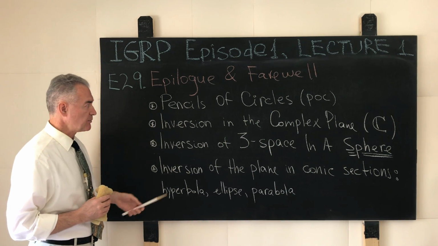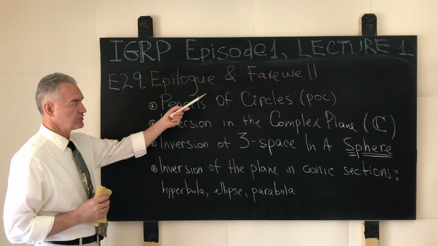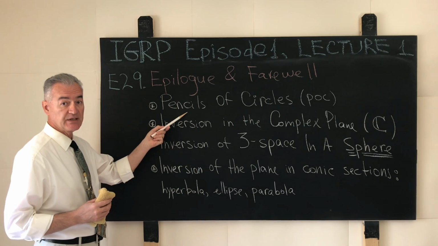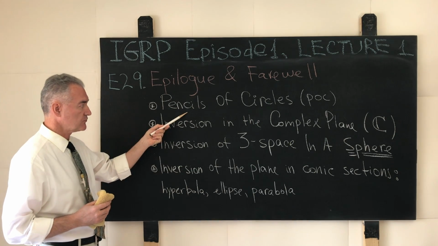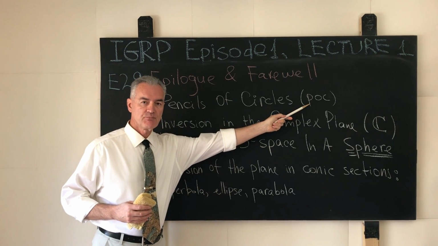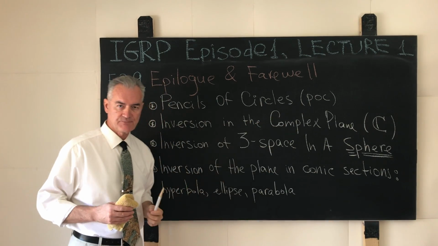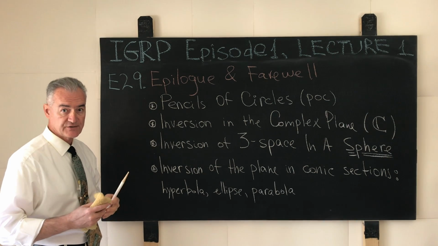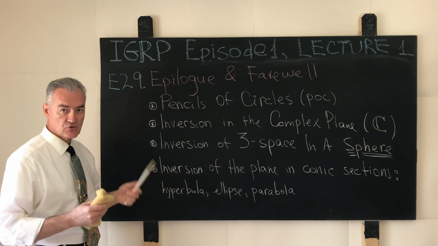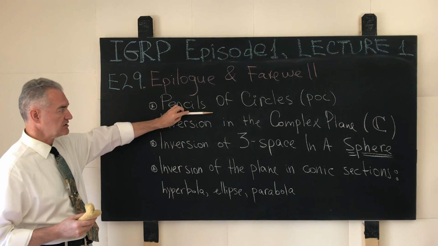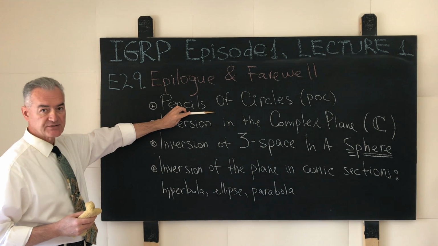For example, it is possible to take what we have learned in this course and look at the foundations, or the beginning, of the so-called theory of pencils of circles, abbreviated to POC, and the information that we learn about what happens, for example, to orthogonal circles under the inversion of the plane with respect to a certain circle can be taken precisely into the theory of pencils of circles.